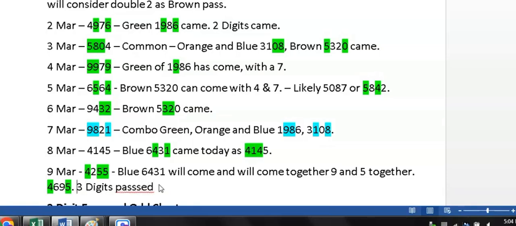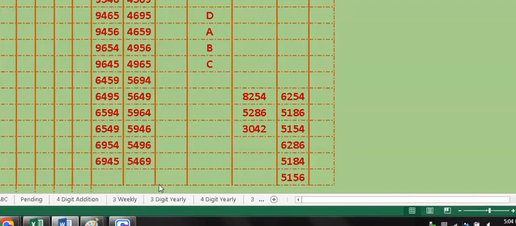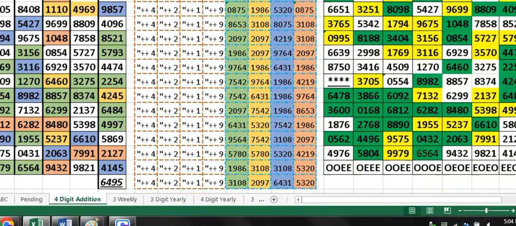It is not blue. So the sequence of 4695 that we predicted, we got a 4 there and we got a 5 there. 5 came from an unassigned board and 4 came from, you can see here, brown 5320 is what is the base for the figure that came today.